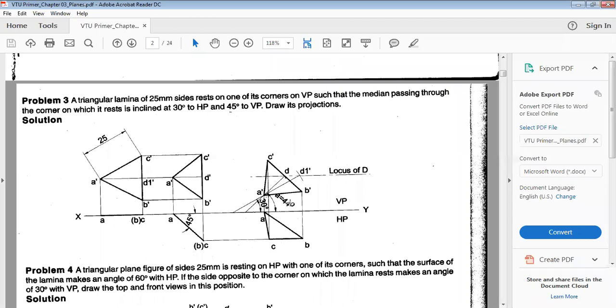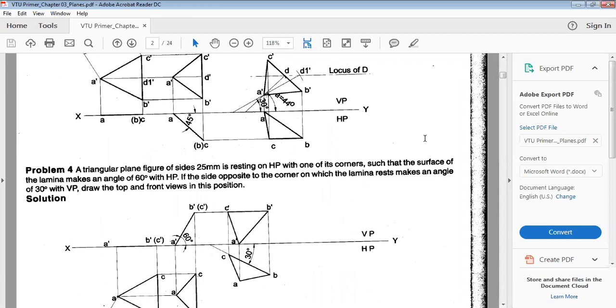Now it has come to 44 degrees. Now the procedure remains the same to get the final view. So this is what you are getting. Is it clear, guys, now?